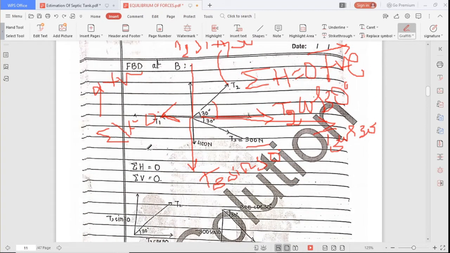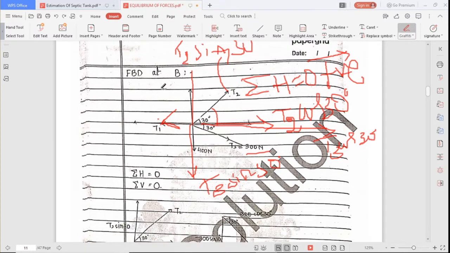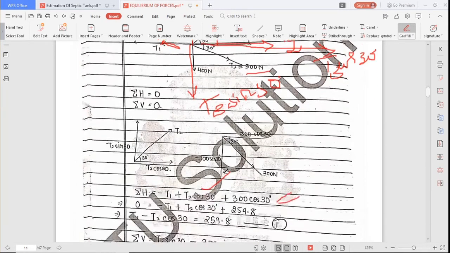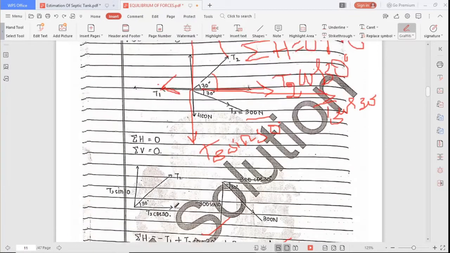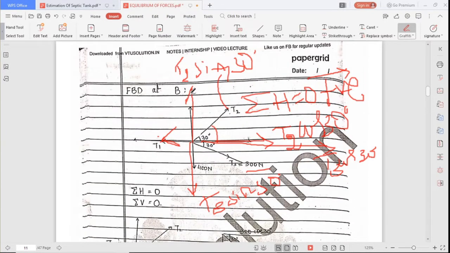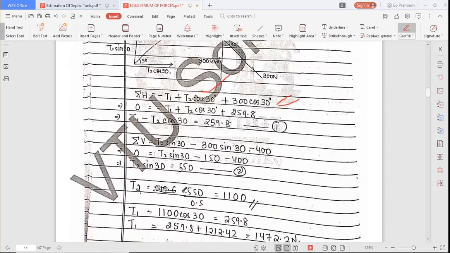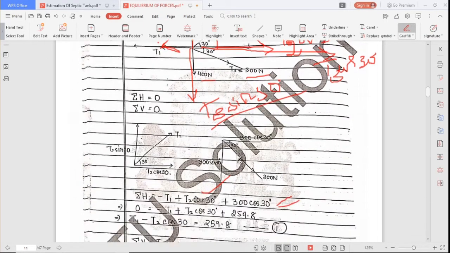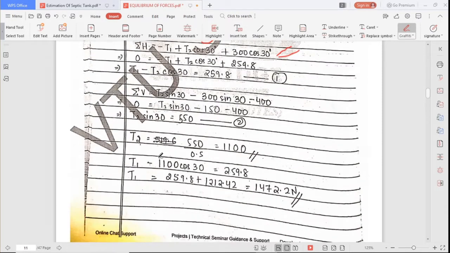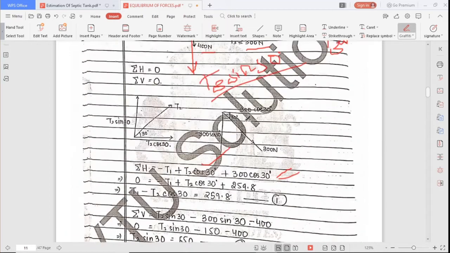Now we can see here 400 is a vertical force, T3 sin 30 is a vertical force, and T2 sin 30 is a vertical force. Now summation of V is equal to 0. So T2 sin 30 degree is positive: T2 sin 30 degree minus T3 sin 30 degree minus 400. So T2 sin 30 minus 150 minus 400.